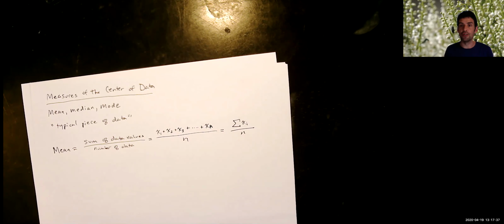So for example, if I wanted to know the mean number of hours students at South Seattle College study each night, the population is all of the students at our school. I might sample you guys, so the 30 or so people in this class would be my sample.